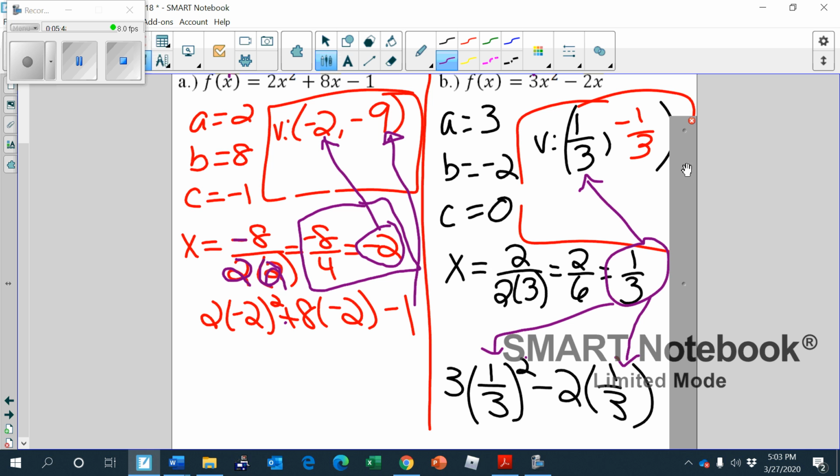What you should get there in your calculators, again, is -1/3. And that goes as the y value of the vertex. Okay? So again, you're getting the x value first, and then you're plugging that in to get the y value.